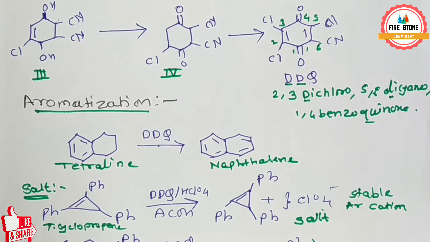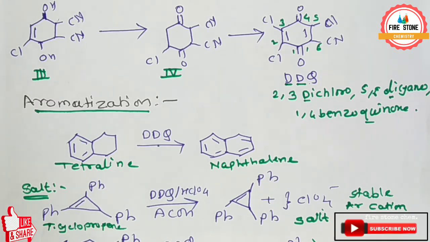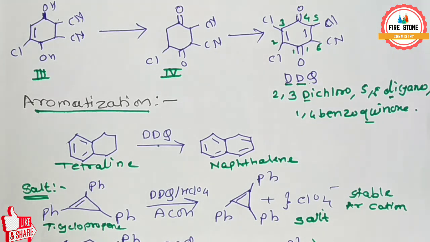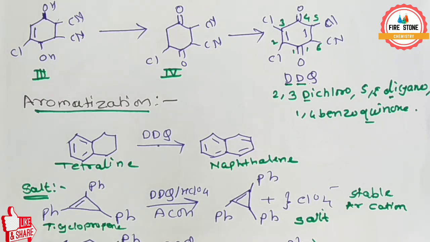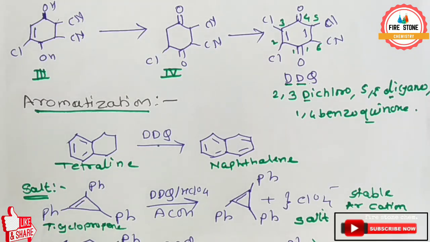DDQ oxidizes phenol to give another product, like a dimeric compound formed by either carbon-carbon bond or carbon-oxygen coupling. So these are the applications of DDQ.